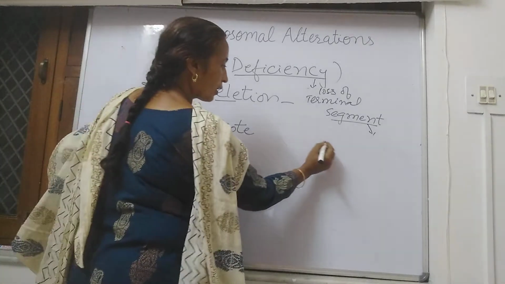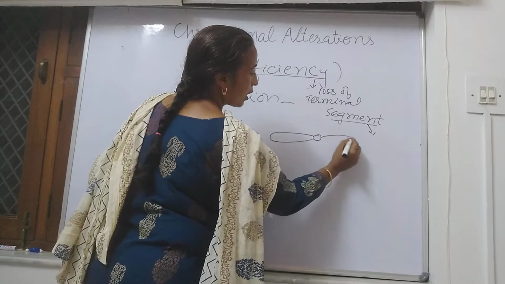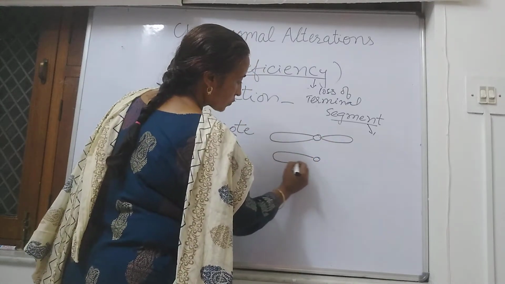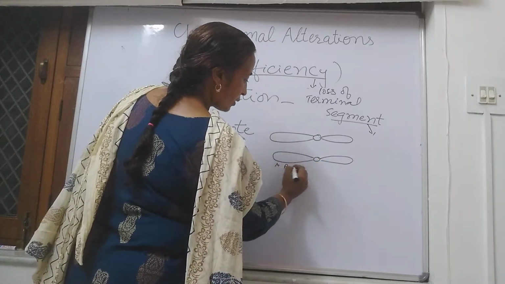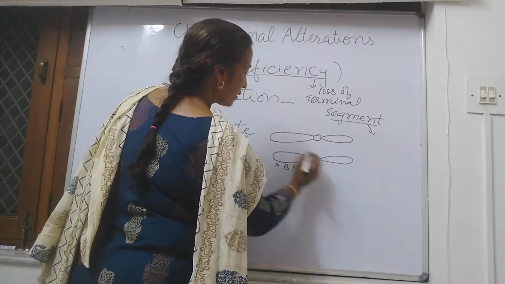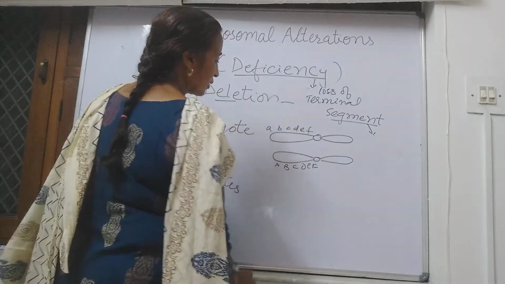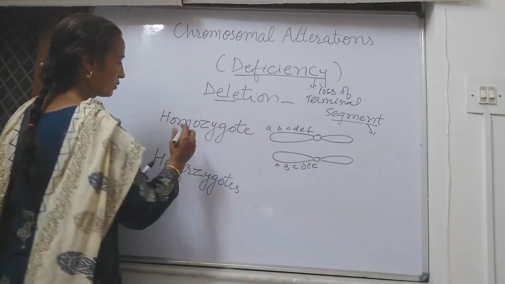When deletion occurs in both the homologous chromosomes of a pair, then the deletion is homozygous.